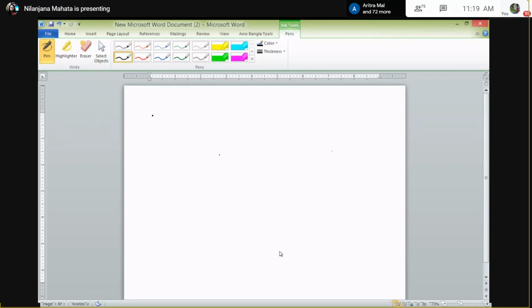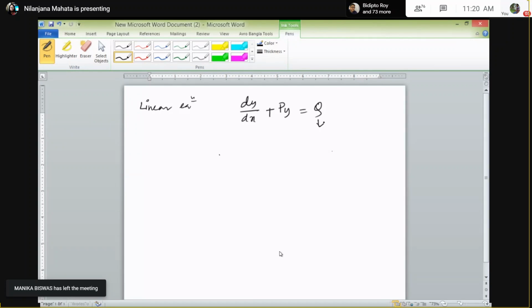Now you have done Bernoulli's equation in your plus 2, but I hope you know the forms. Linear equation of first order: I am writing this as dy/dx + Py = Q, where P and Q are either constants or functions of x only.